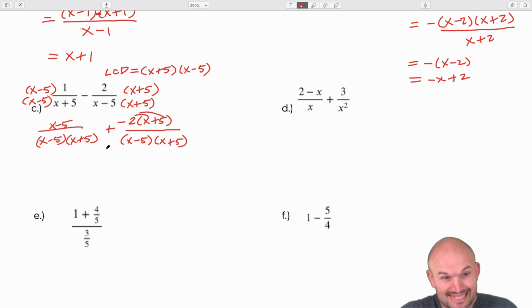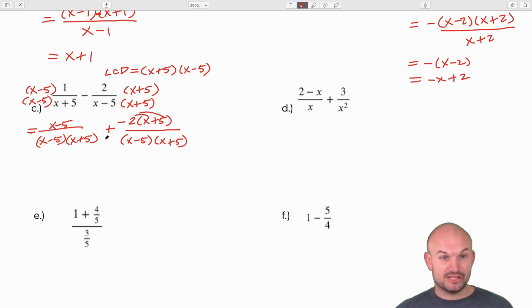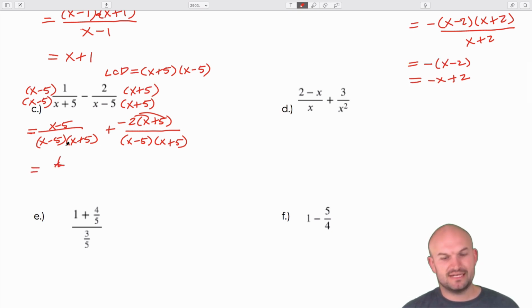And you can see that my denominators are the same. So I can just go ahead and combine the numerators, and then put them over a common denominator. So I'll write this as x minus 5 plus, let's see, negative 2x minus 10.